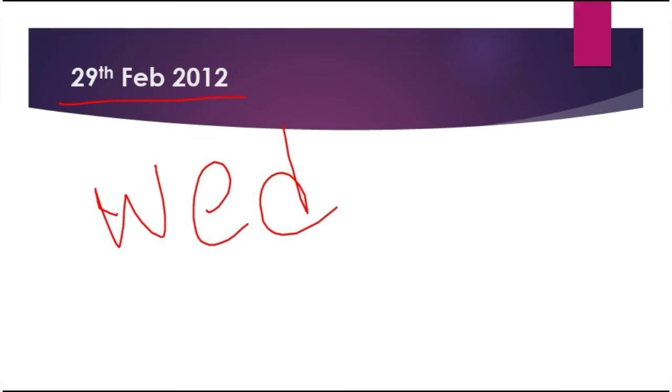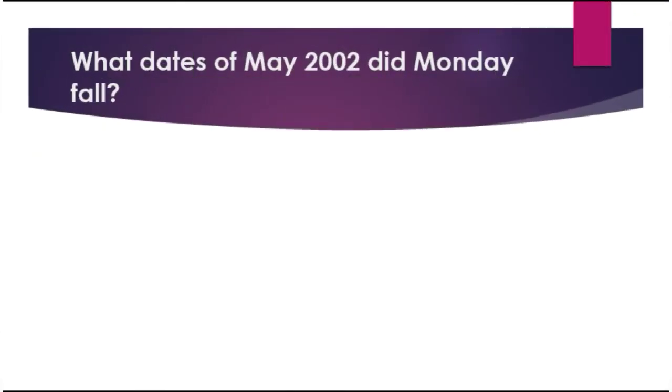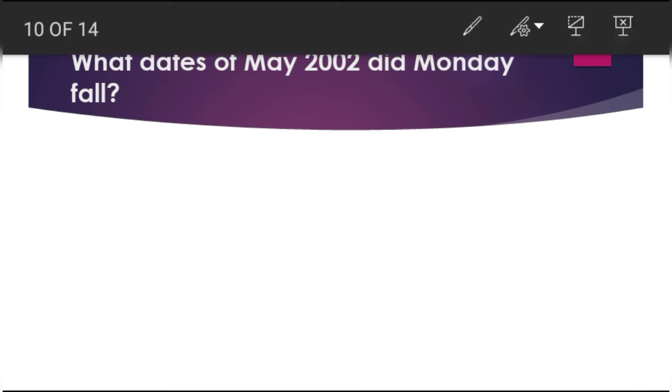Okay. Let us solve one more problem. On what dates of May 2002 did Monday fall? If the question is like this, then find the day of the first day in the month. 1st May 2002.